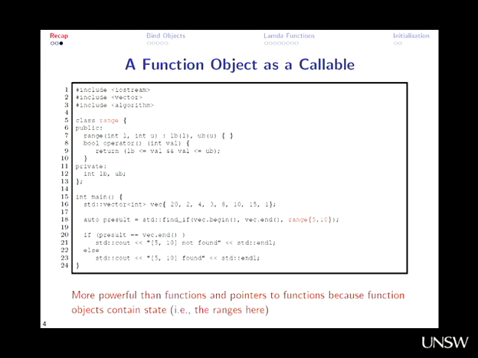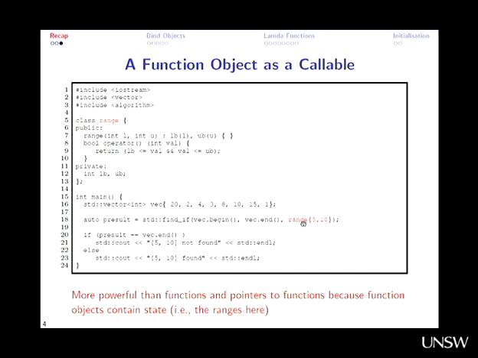Okay? And so here is the function object that we were looking at on Thursday. It has a constructor that takes in the lower bound and upper bound. It has the overloaded call operator, which also takes in the value that we're looking at, and returns true or false if that value is within that lower bound and upper bound range.